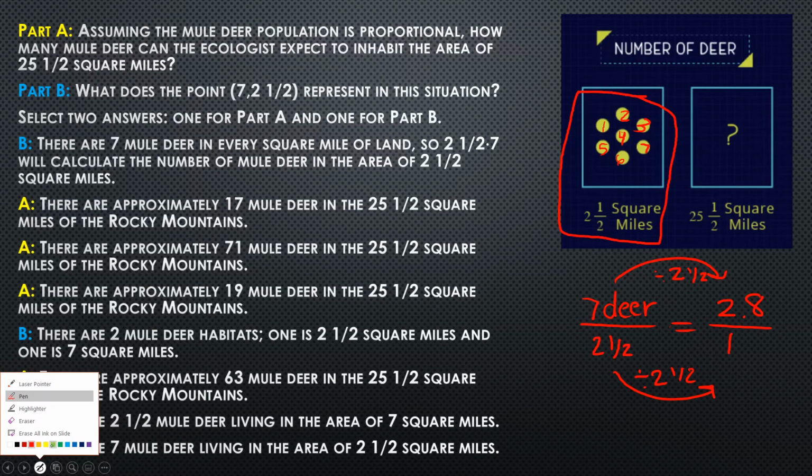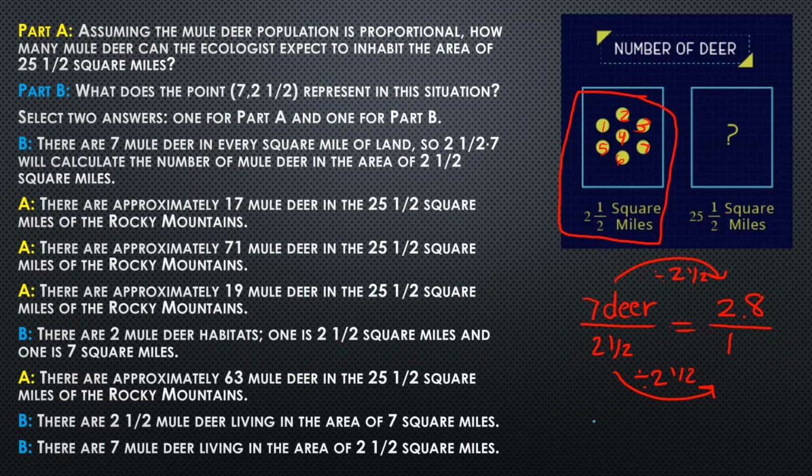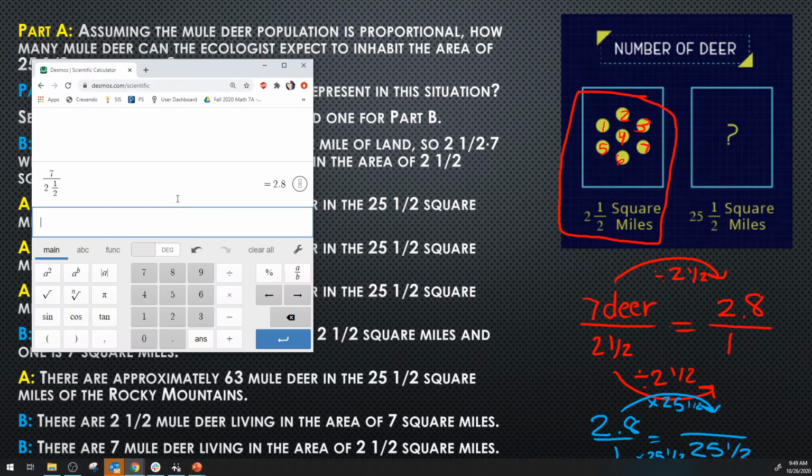Okay, so now that I know that, I'm going to take that 2.8 over 1, and I want to go to 25.5. So to get there, I need to multiply by 25.5, and I'm going to do the same thing up top. So I'm essentially going to take that 2.8 and multiply it by 25.5.